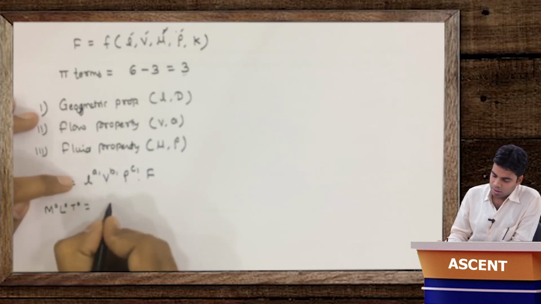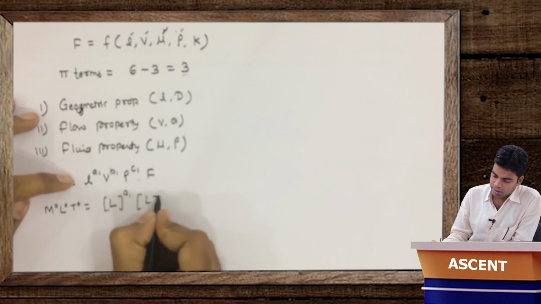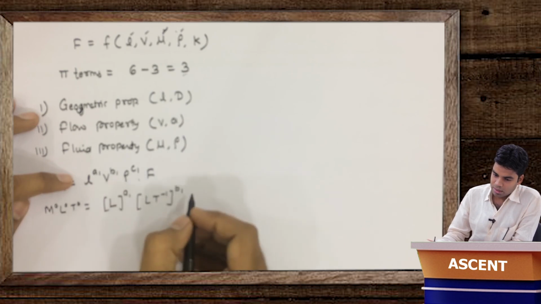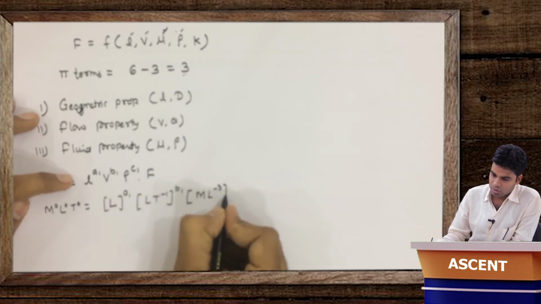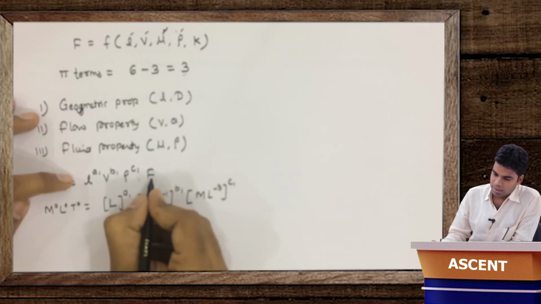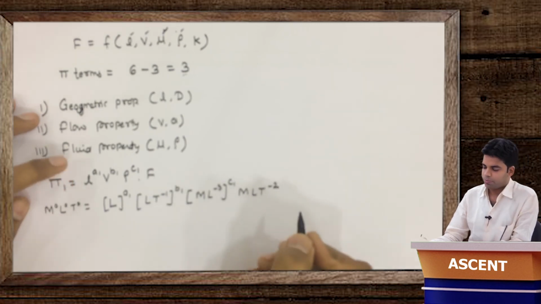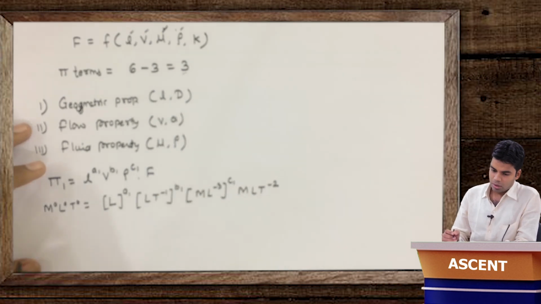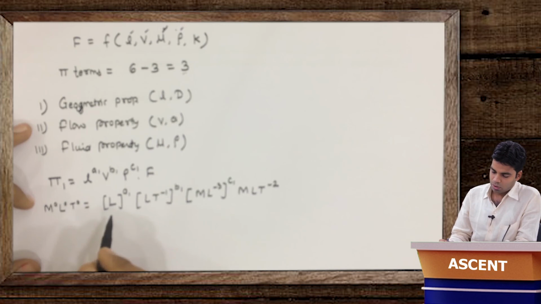This is equal to the dimensional formula for length, L to the power a1; for v, meter per second, LT^-1 to the power b1; for density, kg per meter cube, ML^-3 to the power c1; and next is F, force, which is MLT^-2. So these are the dimensional formulas.